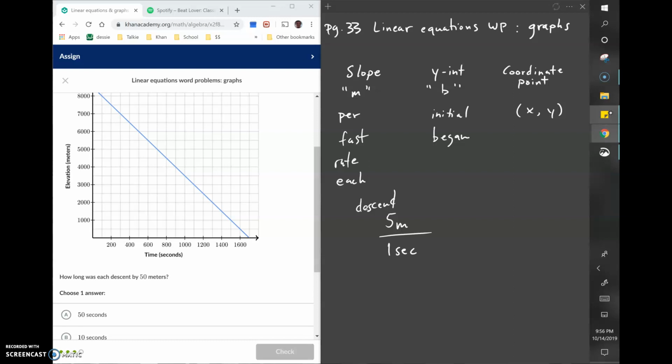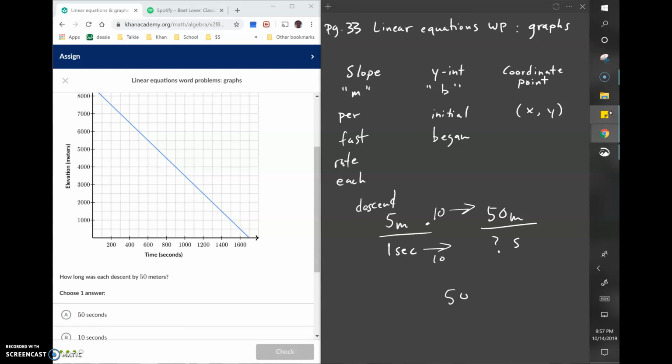The question's saying, how long does it take the plane to descend 50 meters? Well, if it takes 1 second to go 5 meters, we know that 5 times 10 would give us 50, and 1 times 10 would give us 10.